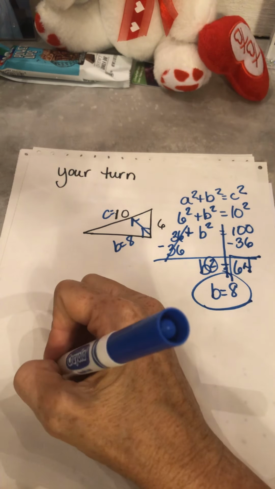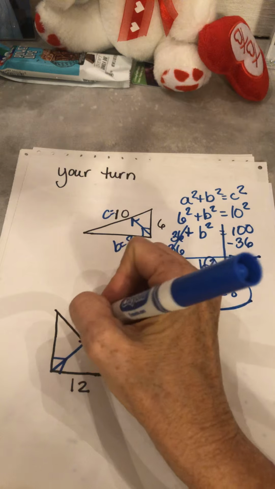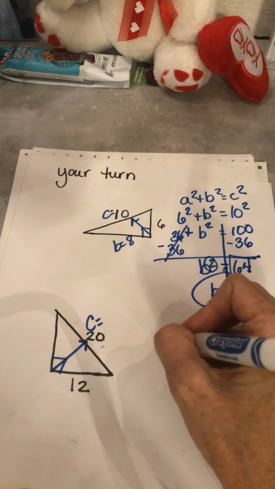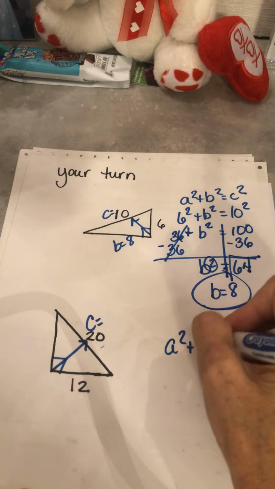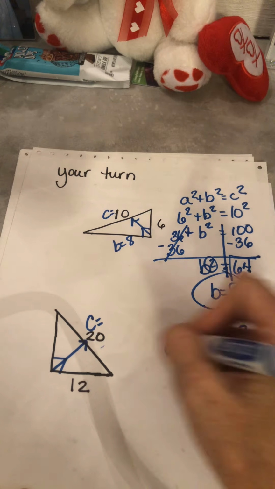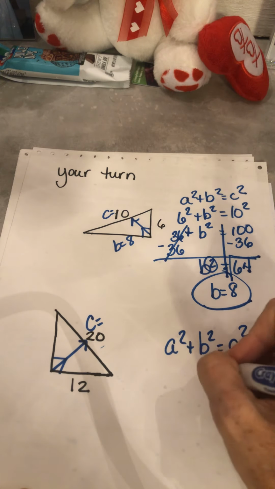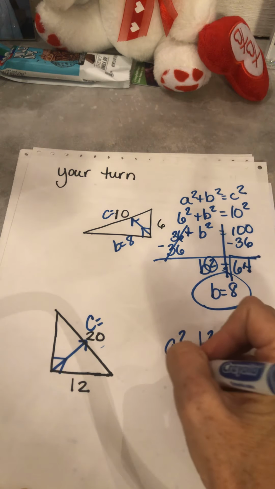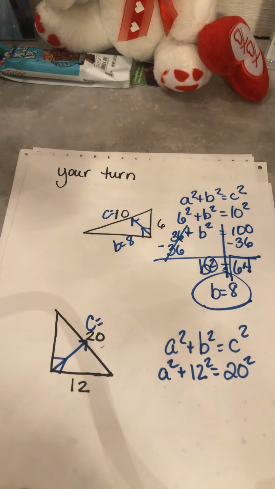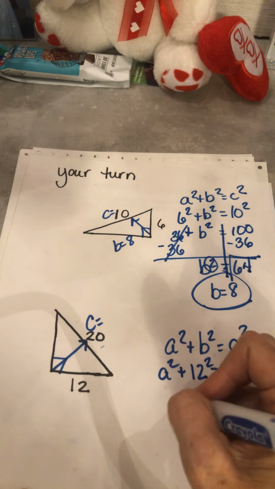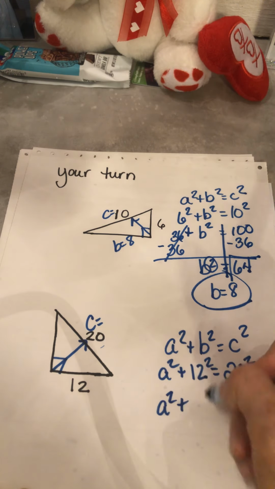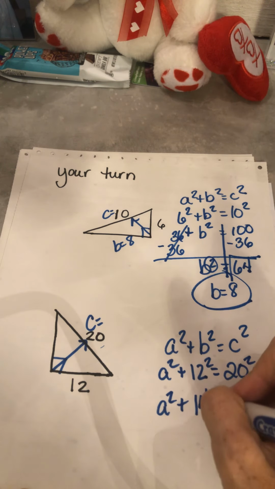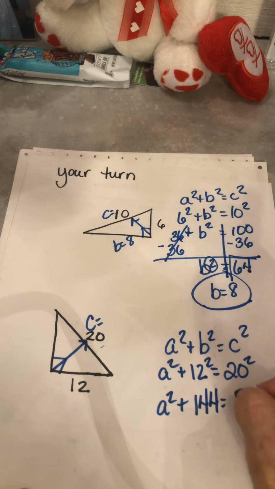So once again, here's my right angle. That makes my C 20. So when I'm filling in, C is 20, B is 12, and I'm going to say I don't know that. So 12 squared is 12 times 12, which is 144. 20 squared is 20 times 20, which is 400.